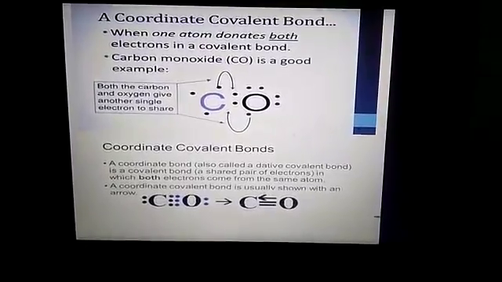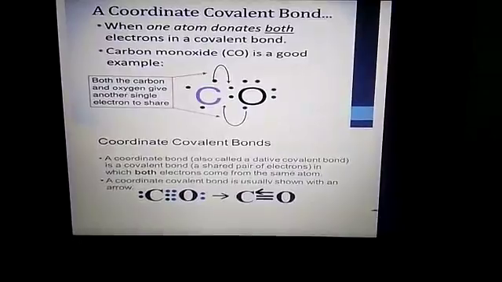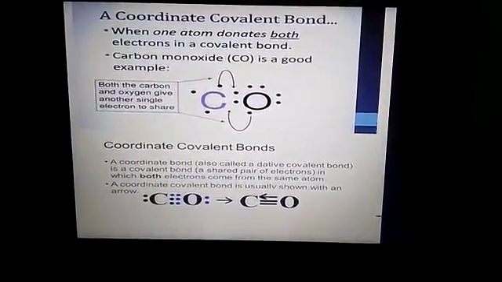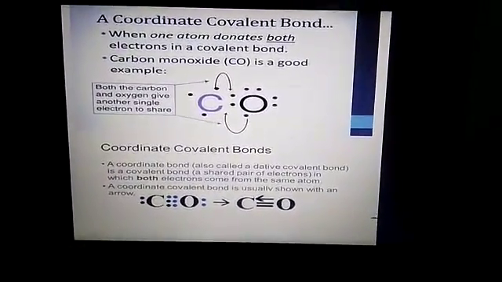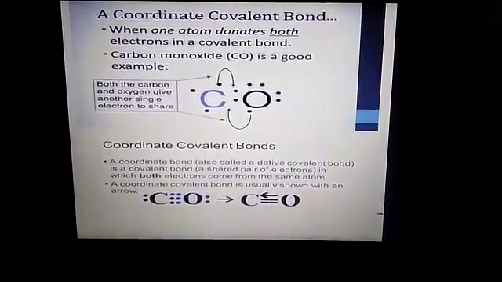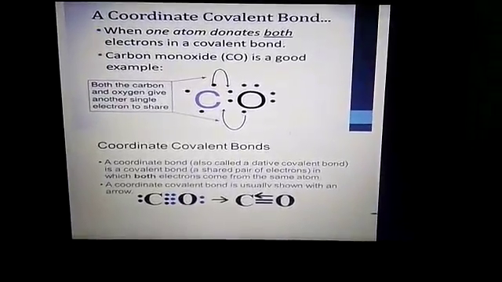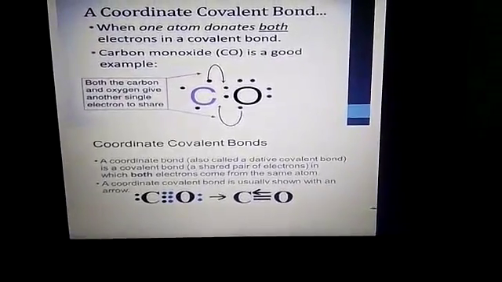Carbon monoxide is a good example for a coordinate covalent bond, which has slightly positive charges and is a dipole molecule, to attain its configuration.